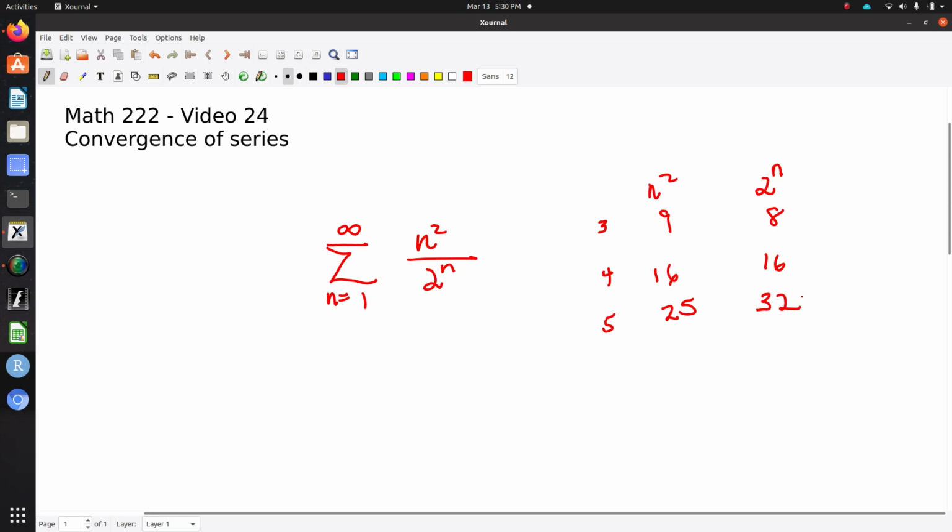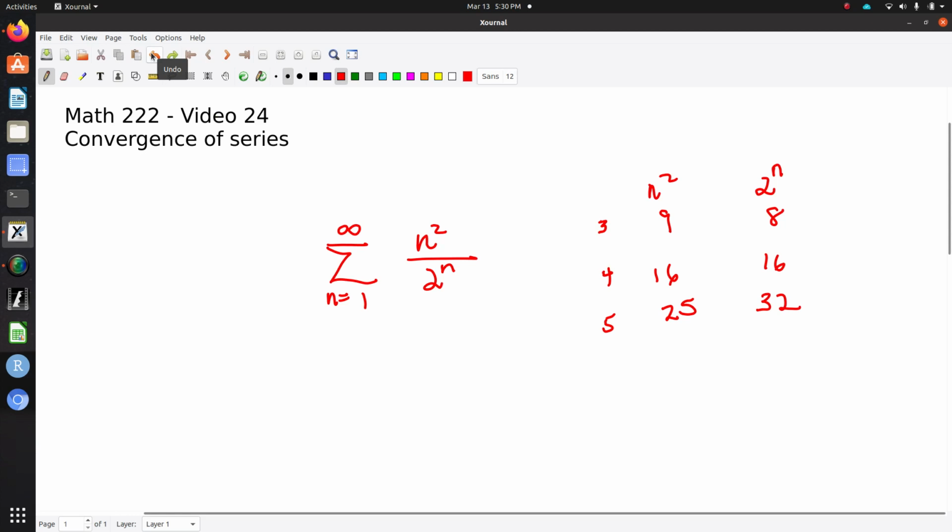So you notice I found the place where this crossover occurs. Now, the question is, do you know for sure that n squared is always going to stay smaller than 2 to the n, and will it stay sufficiently smaller that this whole mess over here converges? And it will, but how can we prove that?